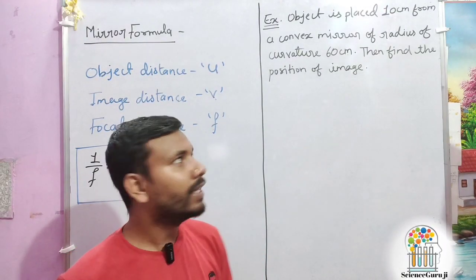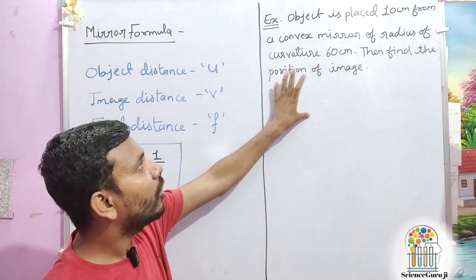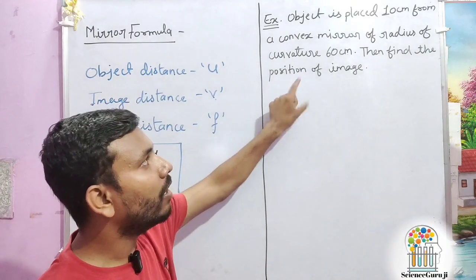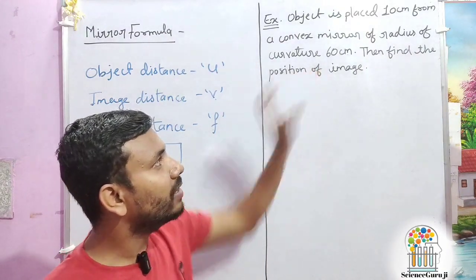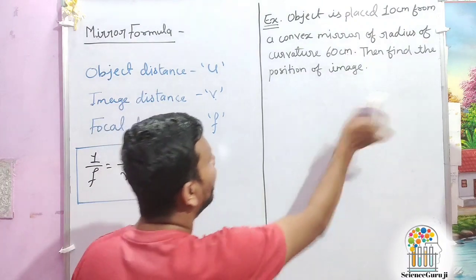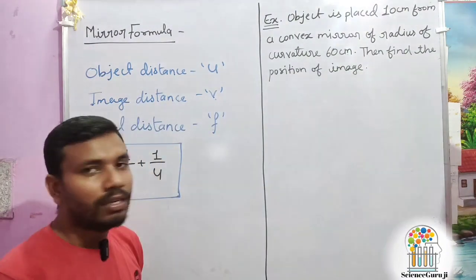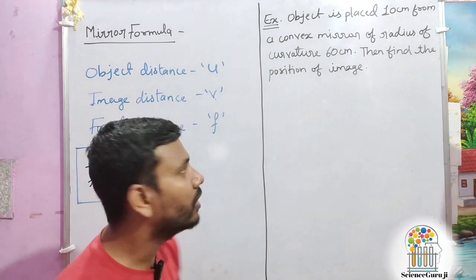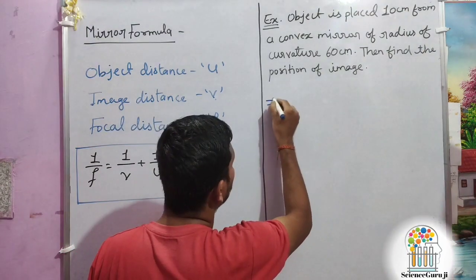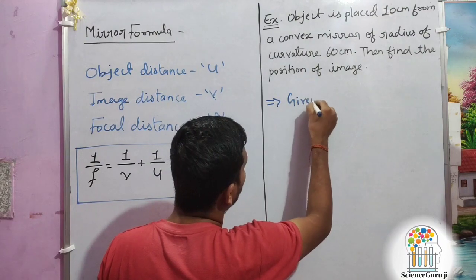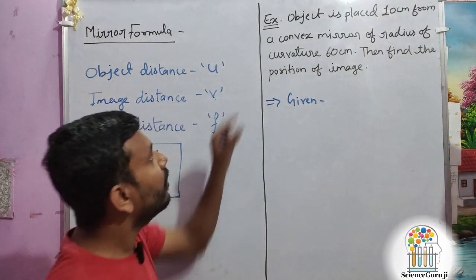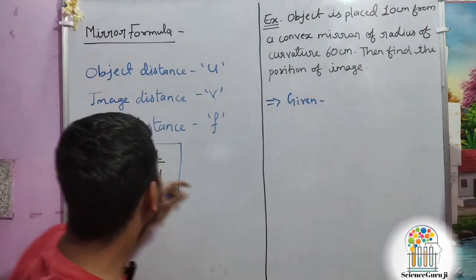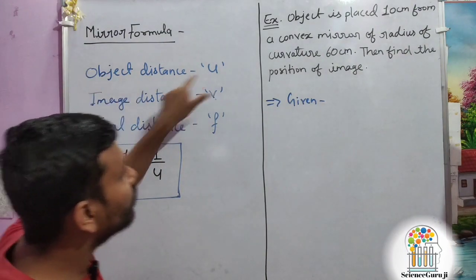Here we are taking an example: an object is placed 10 cm from a convex mirror of radius of curvature 60 cm. Then find the position of the image. Firstly, we have to write down the data given here. First, the distance of the object is written as small u.